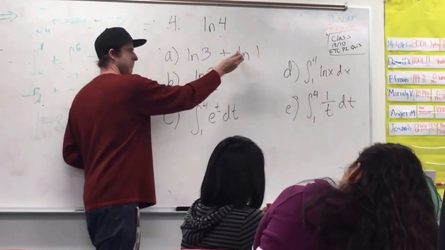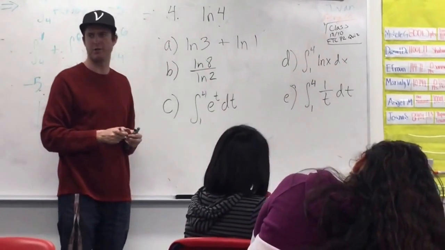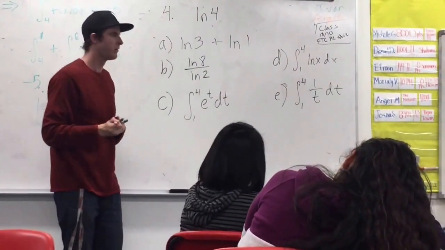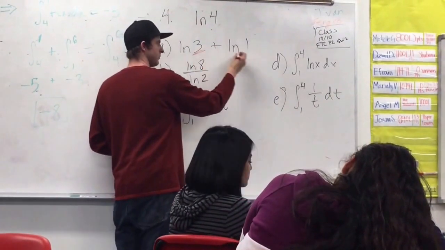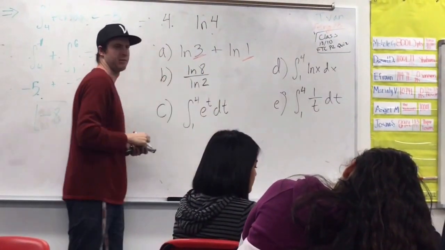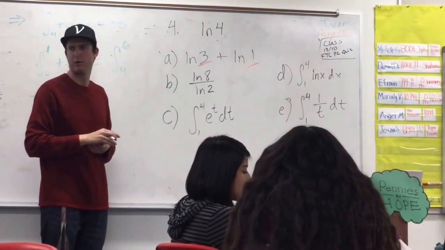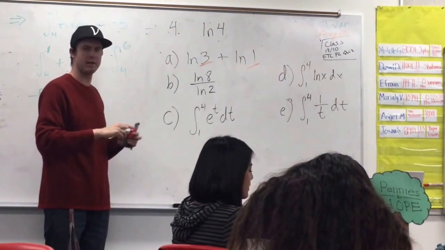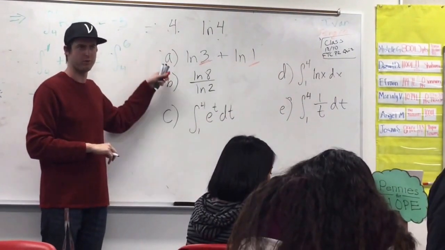So ln of 3 plus ln of 1, you can't add them, they're not like terms. If anyone remembers, there are adding and multiplying rules that work, but you can't just add them up.